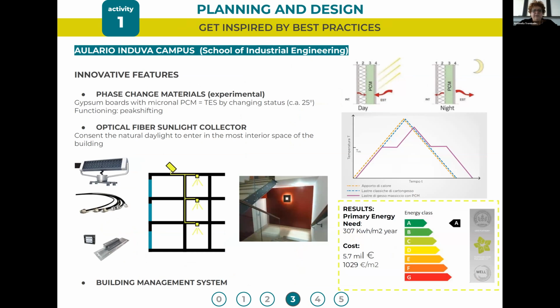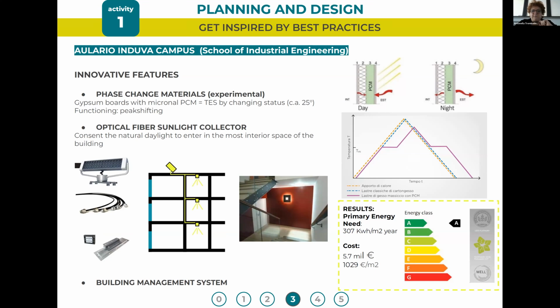And it is very interesting because they explore how it's possible to reduce the energy, introducing some nanotechnologies, applying in experimental phase the phase changing material.